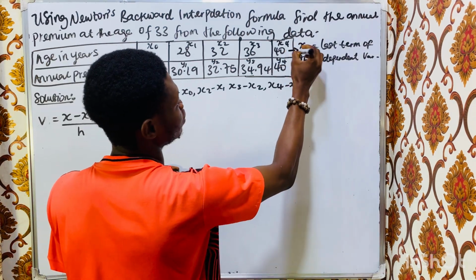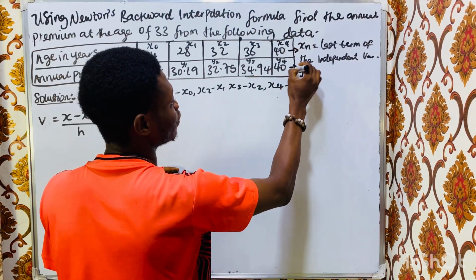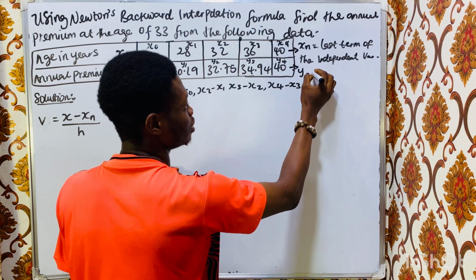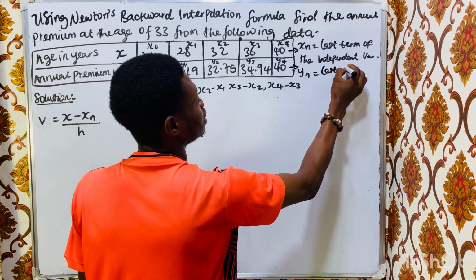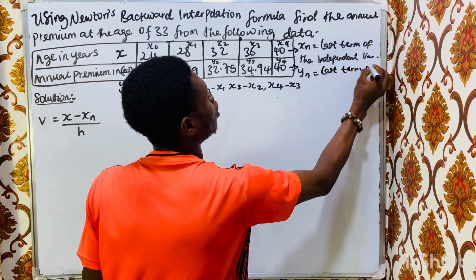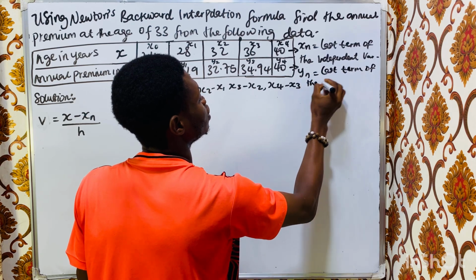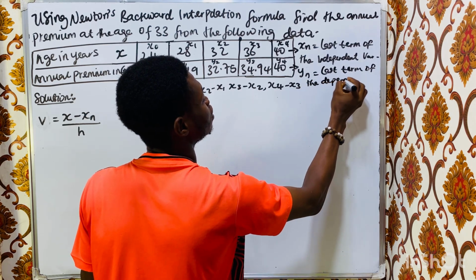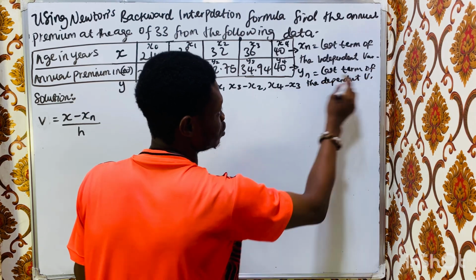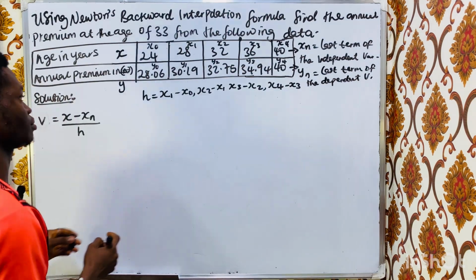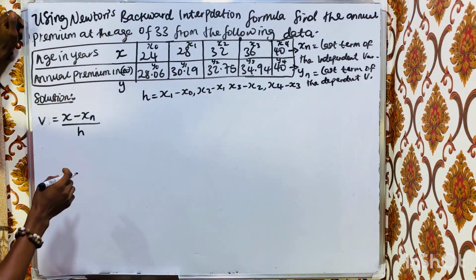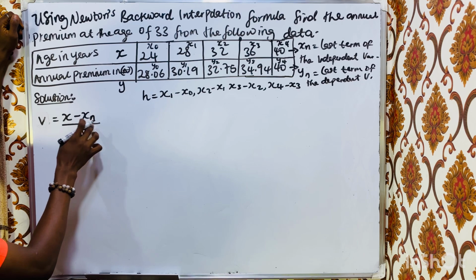Then y sub n is the last term of the dependent variable, our y. So we are going to have v equals x minus x sub n.